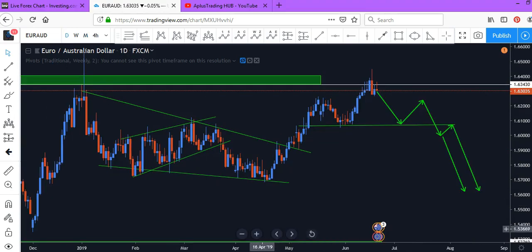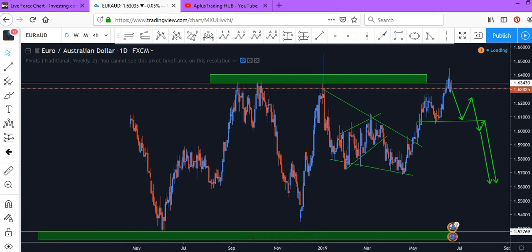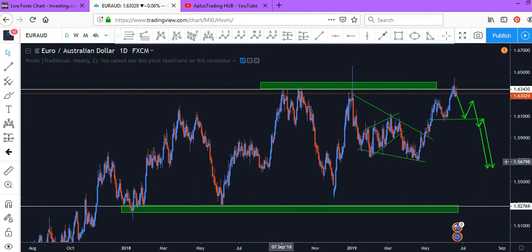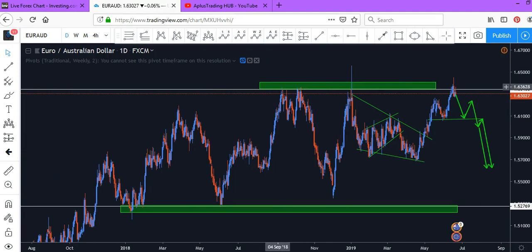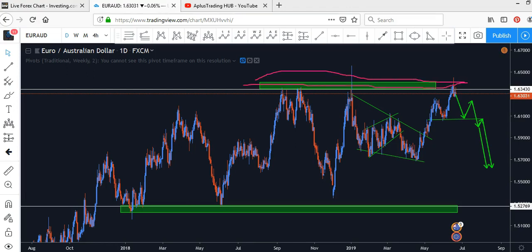And if you also notice, we go to the daily. If you look closely, you realize that from August 2018, this up level here has been serving as resistance. Even when we had the currency flash early this year in January, it still acted as resistance. So price is back to that level again.